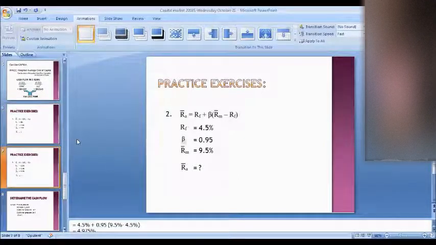For number 2, RF is 4.5, beta is 0.95, RM is 9.5. Still, we are looking for the expected return on asset.